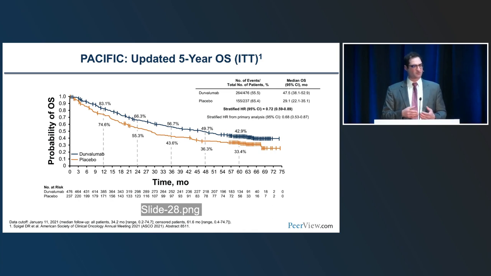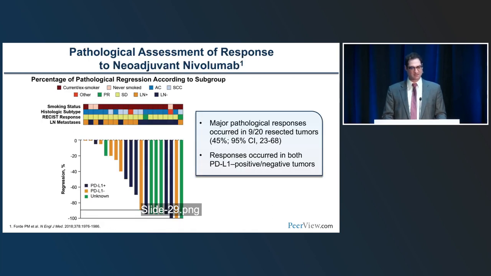It is approved in the US regardless of PD-L1 expression, and that's how I give it to these patients, although I would note in the European Union, it is approved for just PD-L1 positive patients based upon that subset, but the overall study was positive regardless of PD-L1 status.